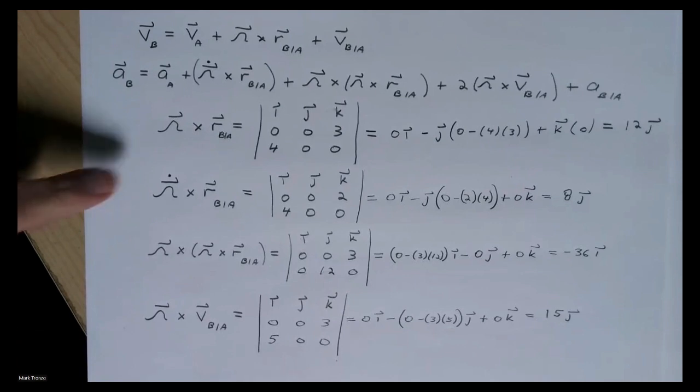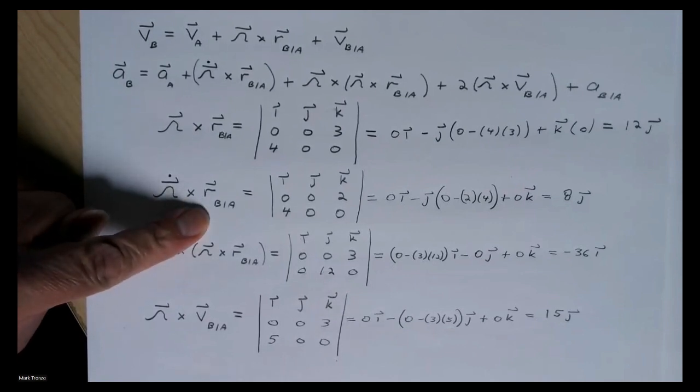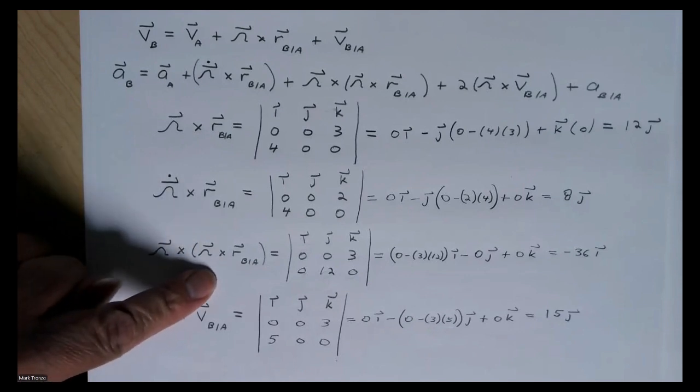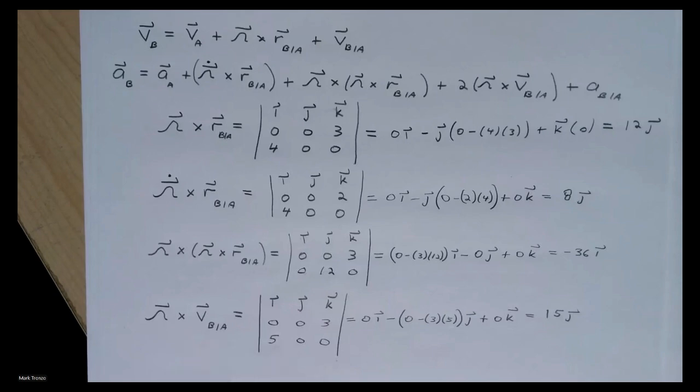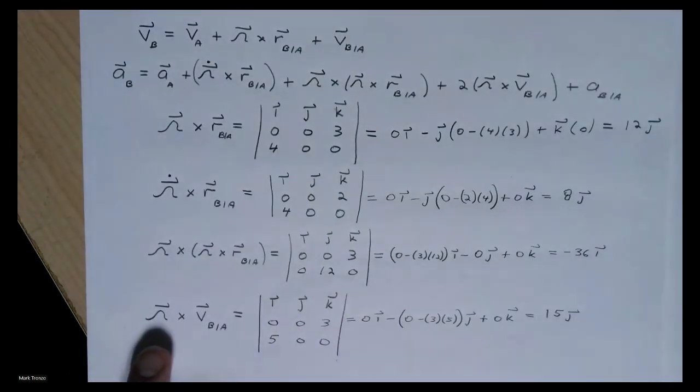So I finished the other cross products, omega dot cross RBA, omega cross RBA, and omega cross VBA.